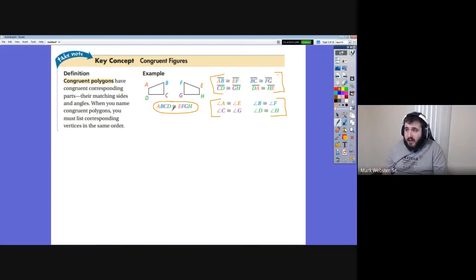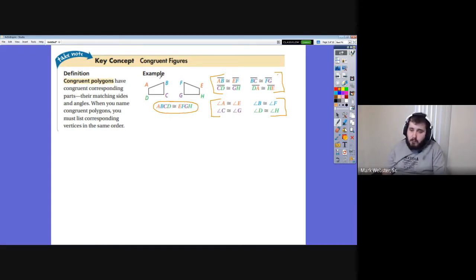The second thing is look at the congruence statement that I've given you, or that the problem has given you. Work off of that too. The pieces from one to the other should be the same. However you label your congruence statement, the pieces should be the same.